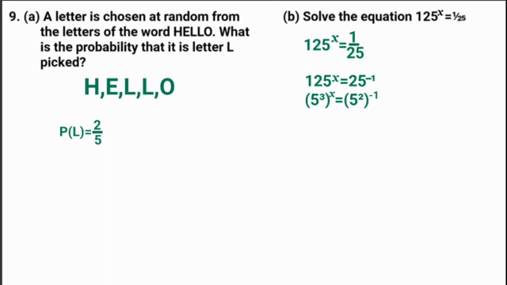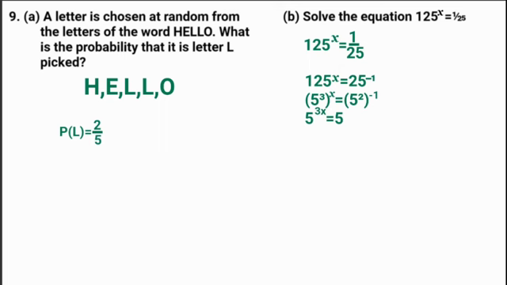Now next we are going to multiply the powers. So we write 5, then we multiply 3 by x, which gives us 3x, which will be equal to 5, then we multiply 2 by negative 1, which gives us negative 2.